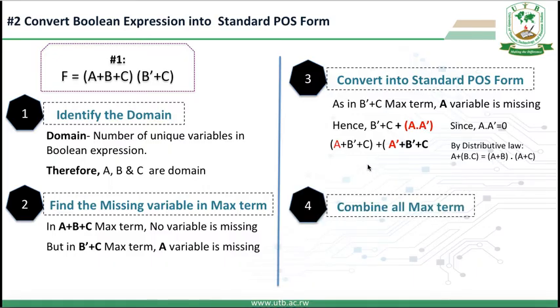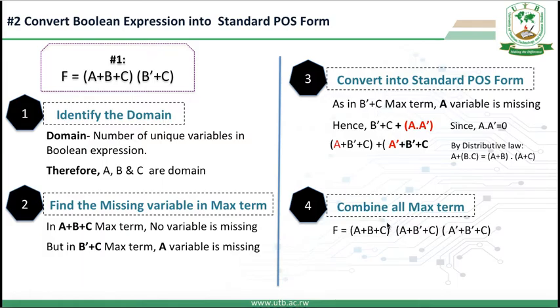So now combine all the max terms. This is a max term, this is also a max term, and this is also a max term. In this max term, none of the variables is missing. We have ABC. In this max term also none of the variables is missing. We can also combine this one and this one, because we got this max term from that max term.